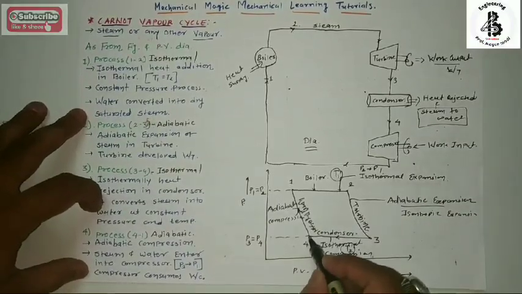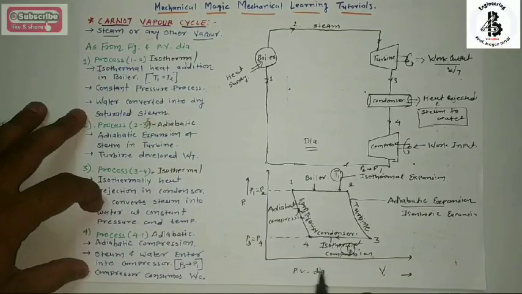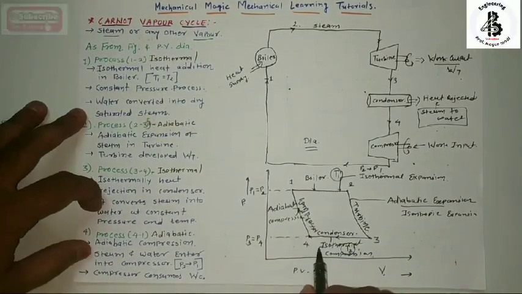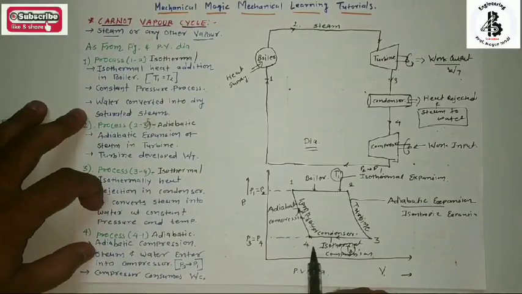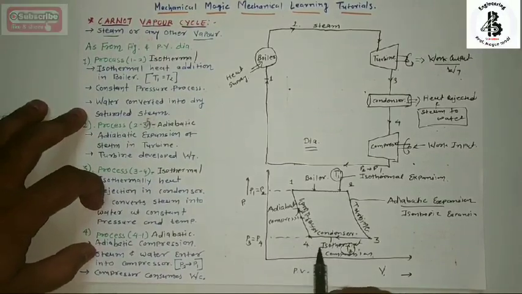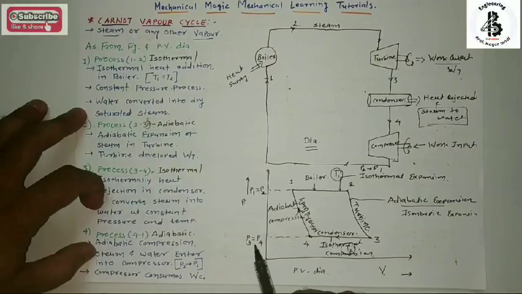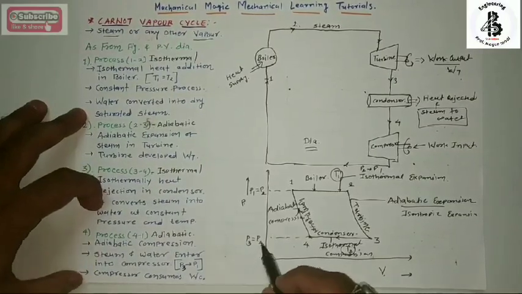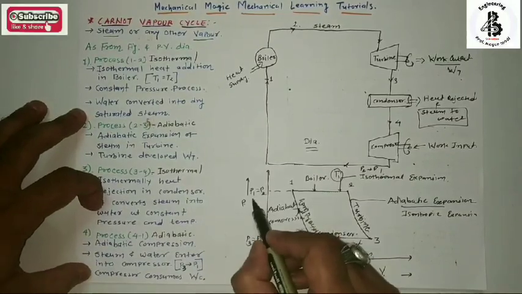At point 4, or you can say the end of the isothermal compression process, the adiabatic compression takes place. Once again, the temperature increases up to the initial temperature.